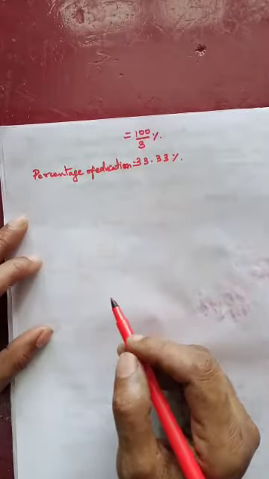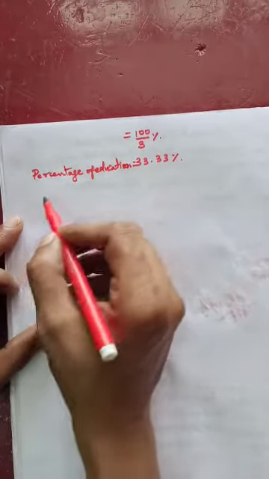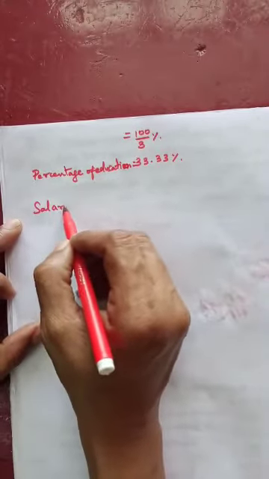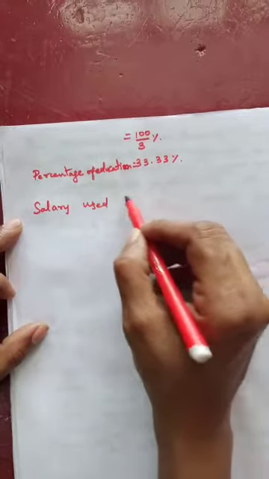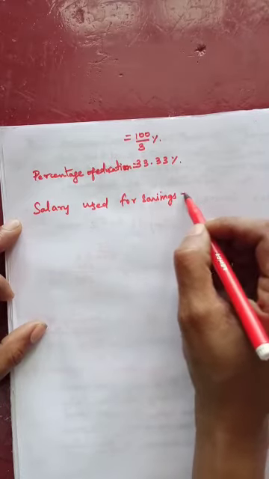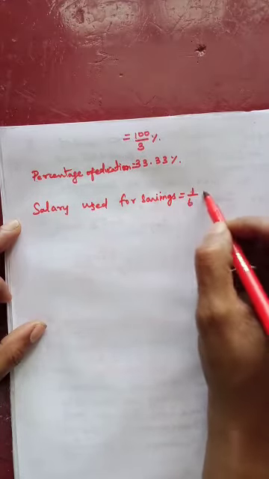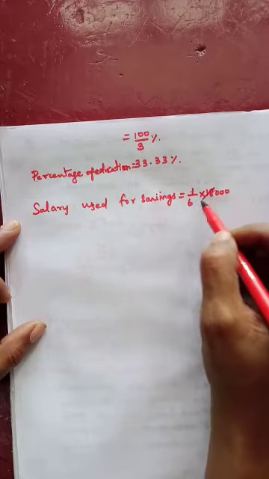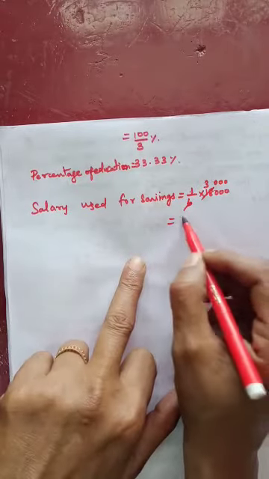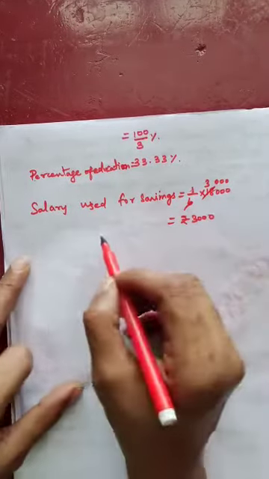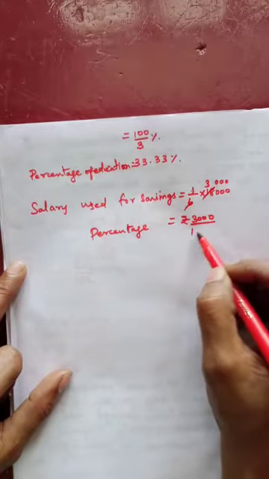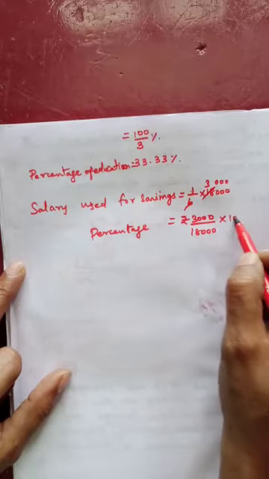Now we have to see for savings. Salary used for savings is equal to 1/6 into 18,000. 6 3s are 18, so that is 3,000. Rupees 3,000. Then percentage is 3,000 by 18,000 into 100.